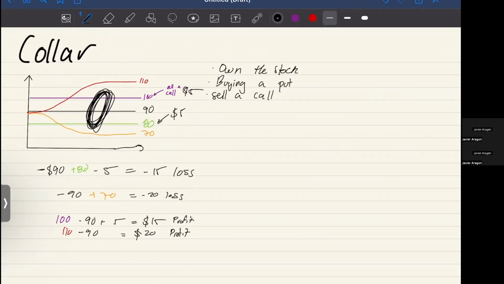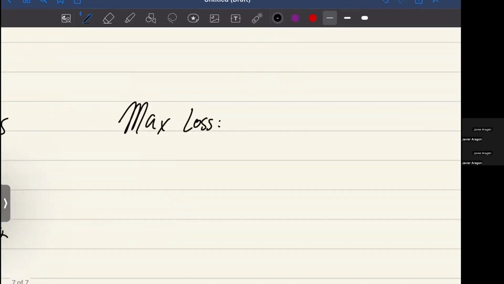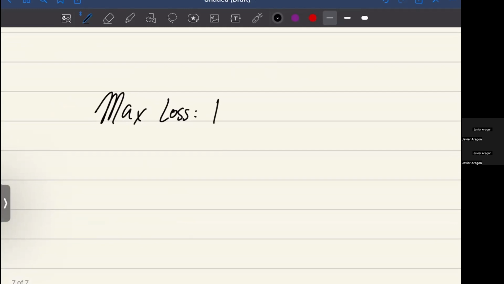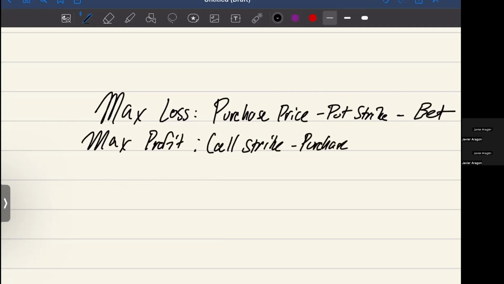So the max loss you can achieve is the purchase price minus your put strike minus your premium or your bet, and then your max profit is going to be the call strike minus your purchase price plus your bet.